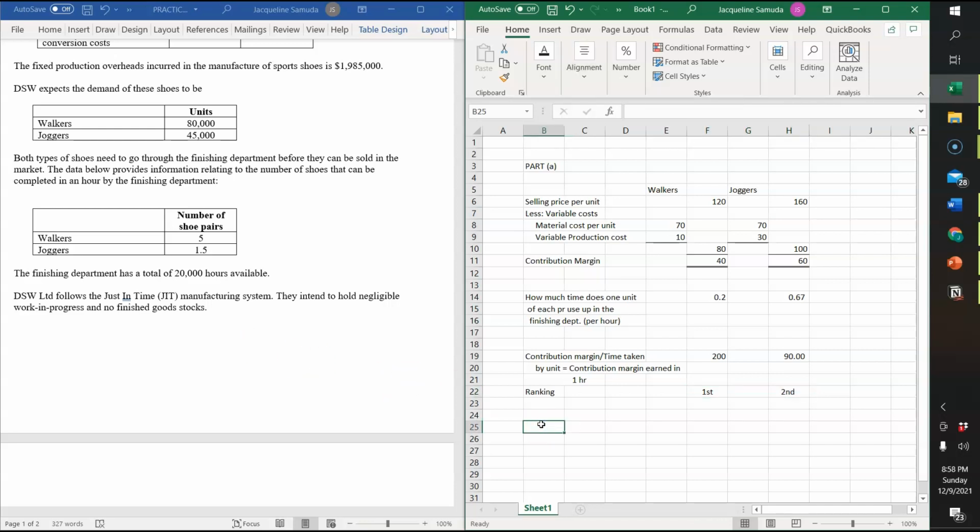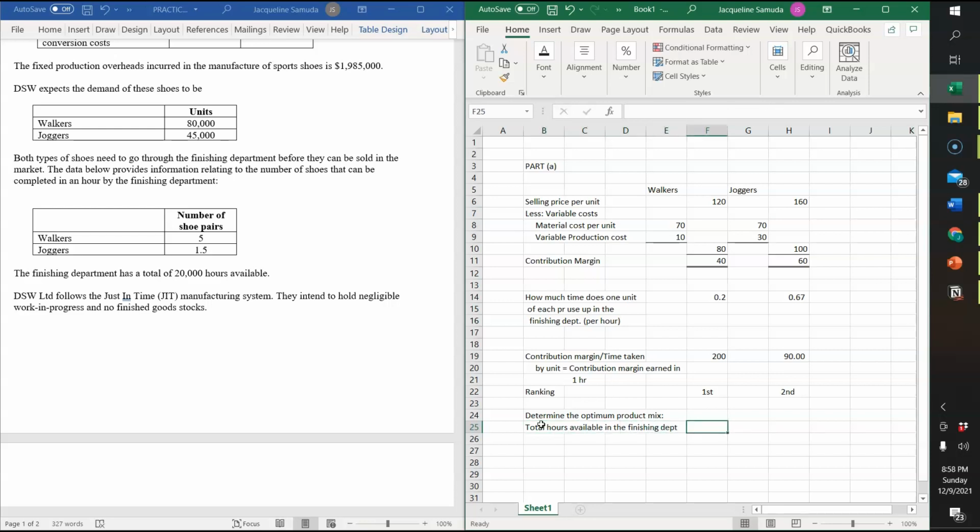So we're going to start this section now to determine the optimum product mix. That's what we're going to be doing now. The first thing we're going to say is the total hours available in the finishing department.